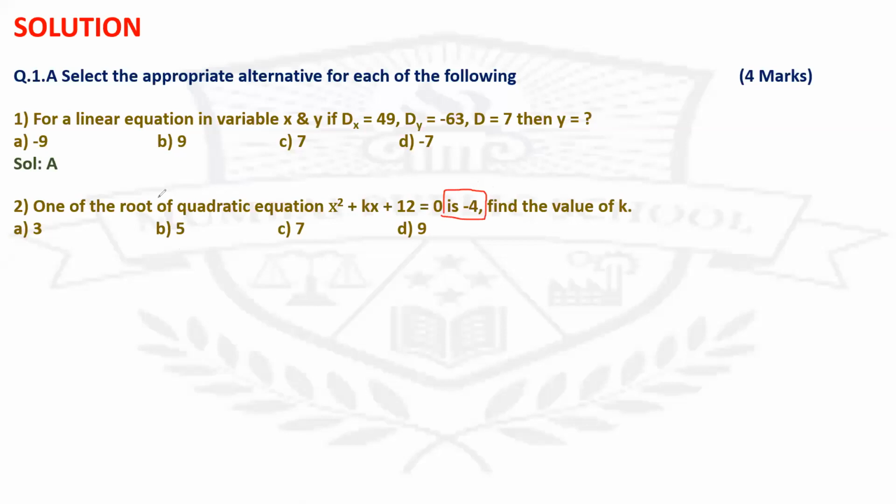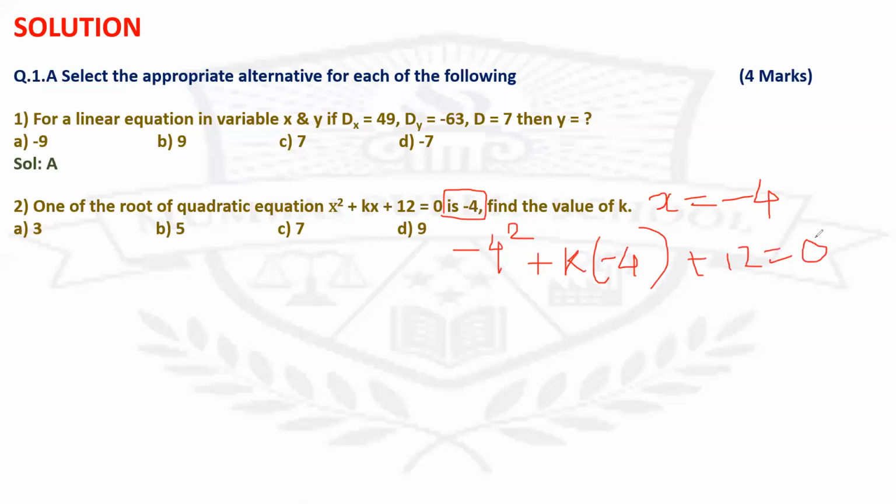One of the roots of the quadratic equation is given, so the value of x is given to you as minus 4. So you have to just substitute: minus 4 squared plus k into minus 4 plus 12 equals 0.